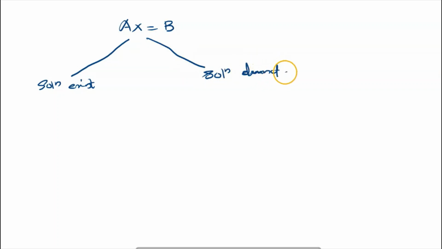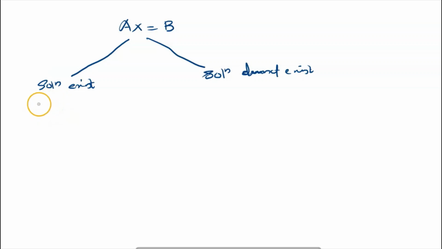Solution exists means it has a solution. Solution does not exist means it does not have a solution.